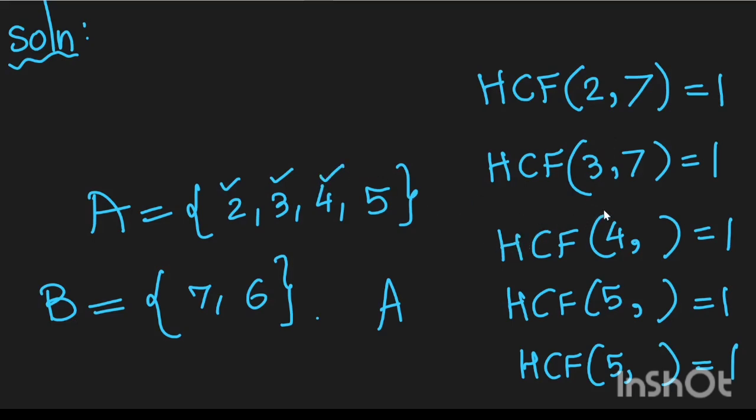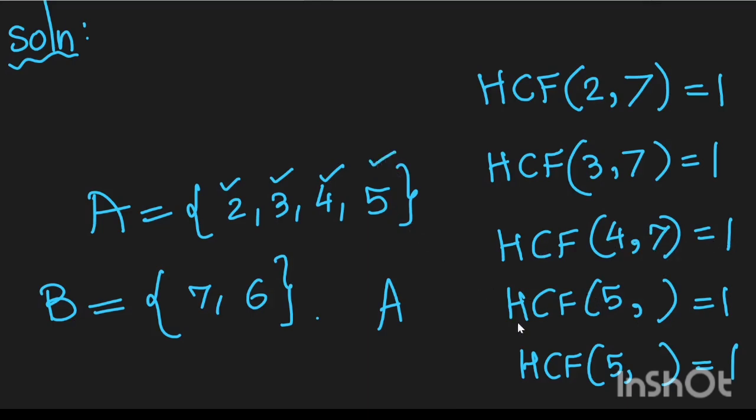Moving on with 4. Okay. Now what do we need to substitute here, 7 or 6? If you substitute 6 here, the HCF would be 2. It won't be 1. So definitely 6 won't come. So we will put 7 here as well. So it is 1.